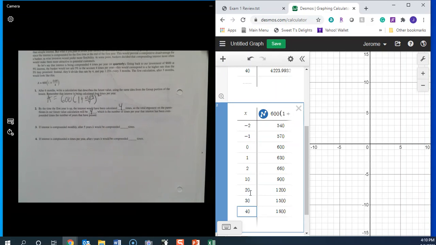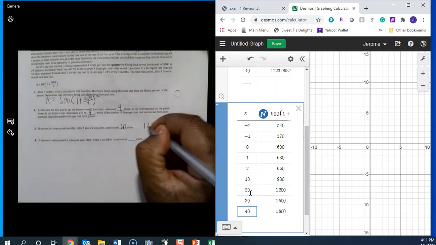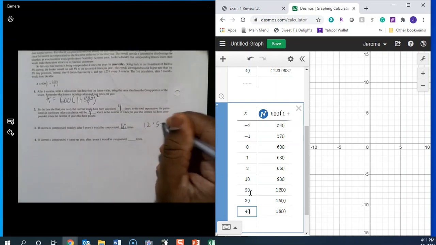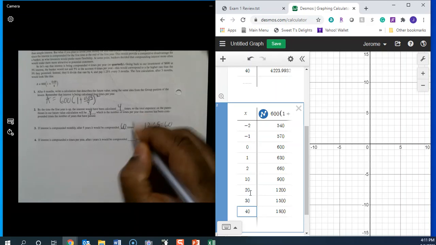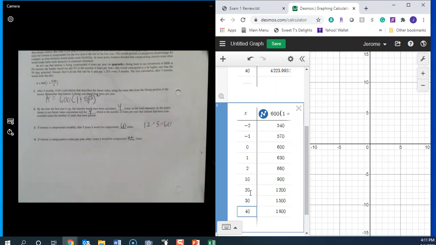So number 3, if interest is compounded monthly, after 5 years, it will be compounded 60 times. Because remember, it's 12 months in a year times 5 years would be 60. So if it's monthly, it'll be compounded 60 times. If interest is compounded n times per year, after t years, it will be compounded n times t times.